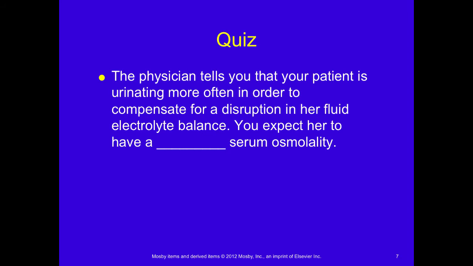Okay, so let's say your normal sodium levels are 135 to 145, right? So let's say all of a sudden you add so much extra water into your blood. Let's say we took an IV and just added straight water into your blood.